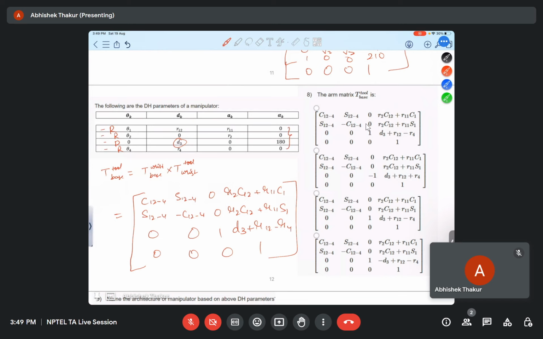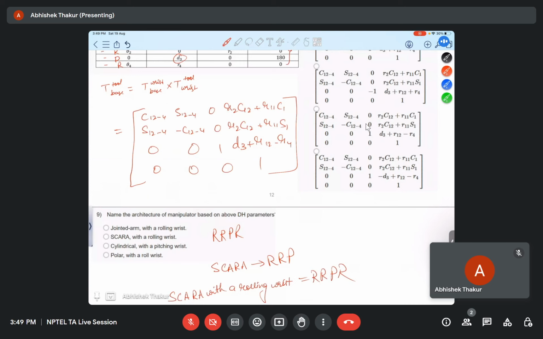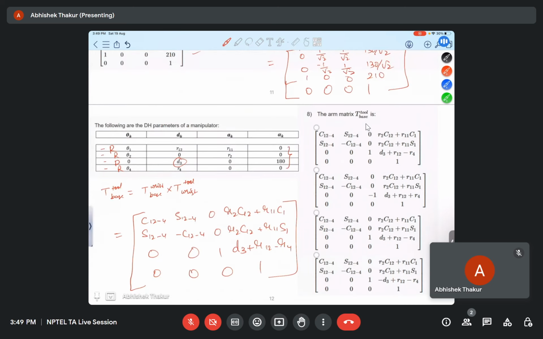And the approach vector and the position of the tooltip in the R matrix is not dependent on theta 4, indicating a roll joint.